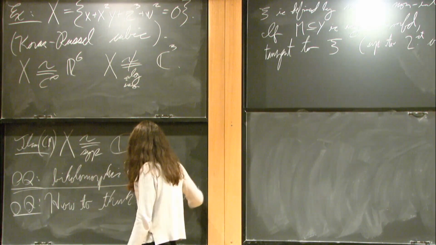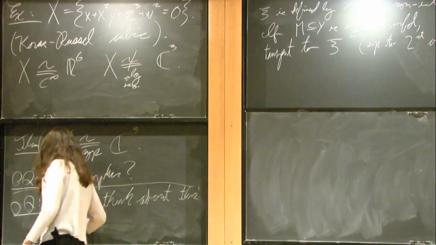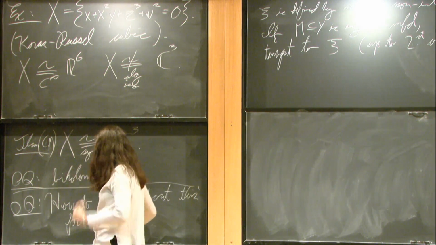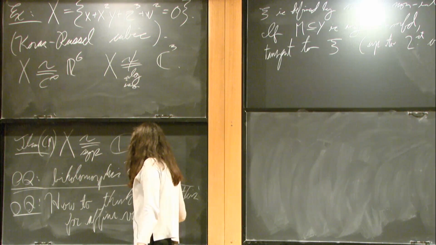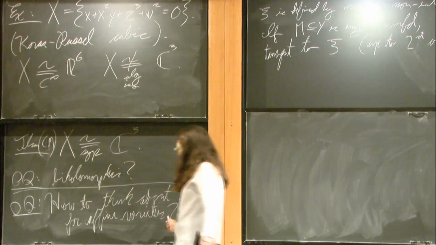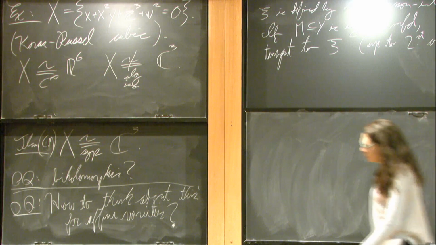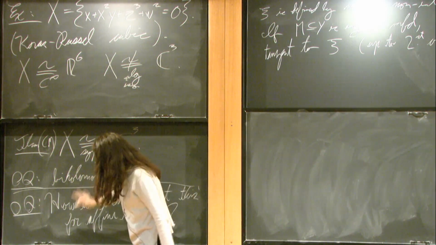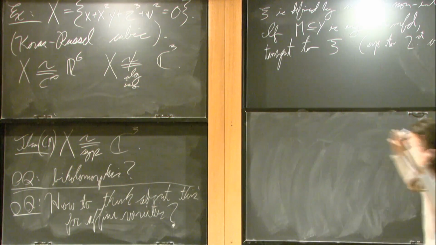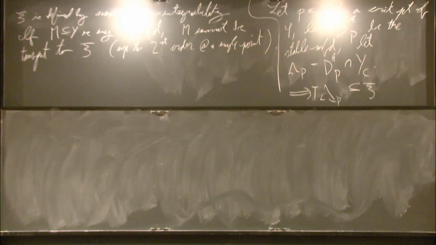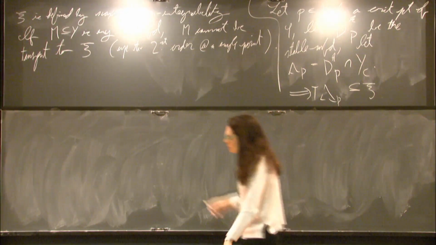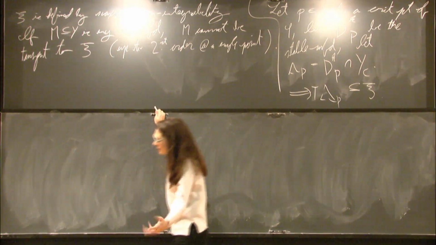How to think about this for affine varieties? It sounds like the definition of the class. Yeah, the definition is purely like you run the Morse theory and then you cut it apart and you do contact geometry. So I would love it if there was any interpretation of this in some natural algebraic geometry language, but that's yet to be discovered.